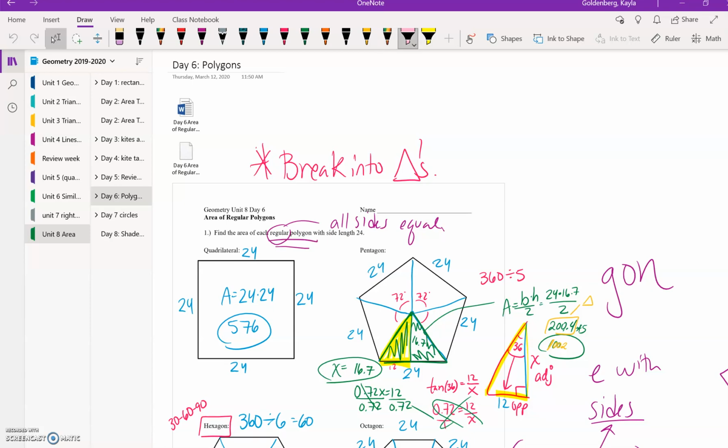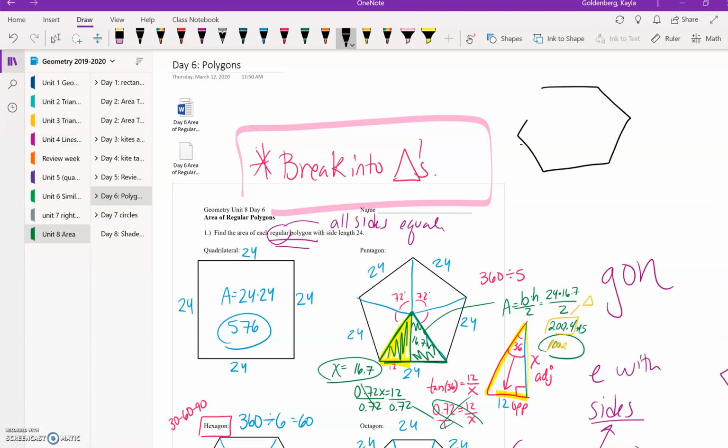And the big thing with polygons, remember, was we were breaking them up into triangles. Now, some of those polygons were a little bit harder if you had to solve for what they called the apothem, which if I had a hexagon like this, if I broke up my hexagon into triangles, the little height of the triangle is called the apothem, and it's spelled like this.